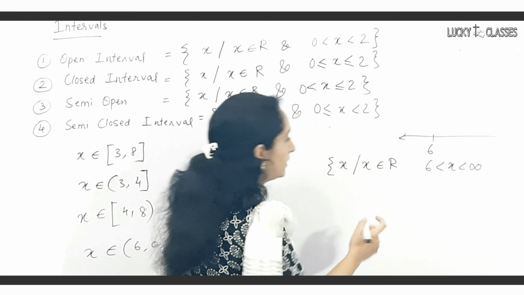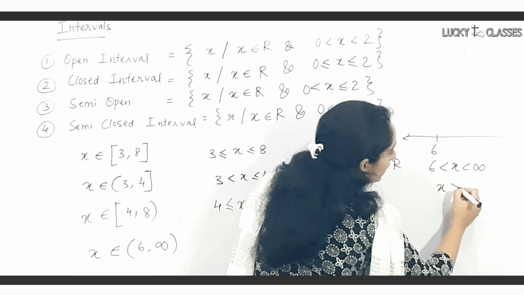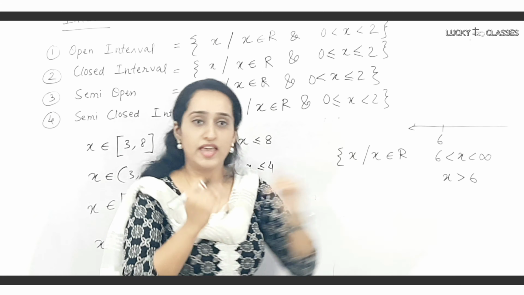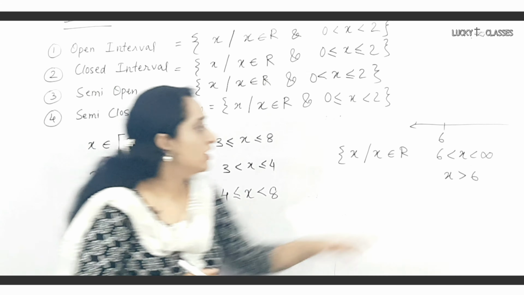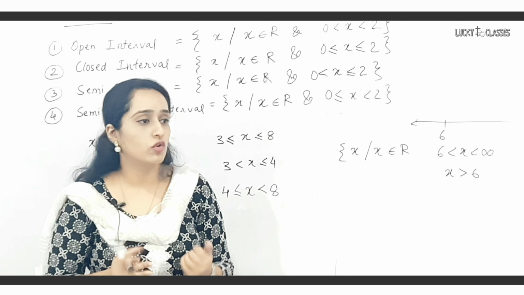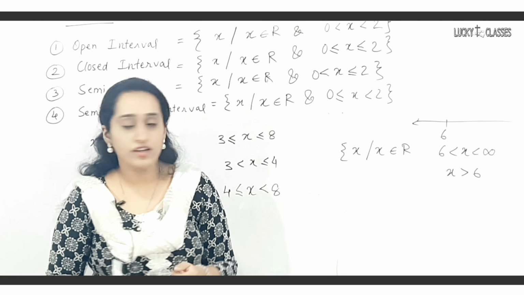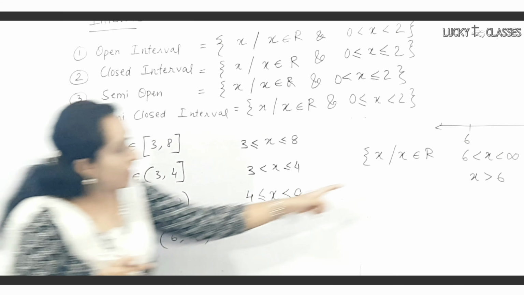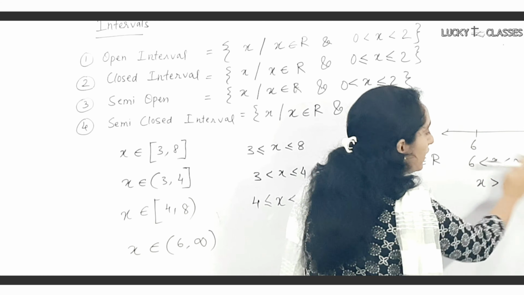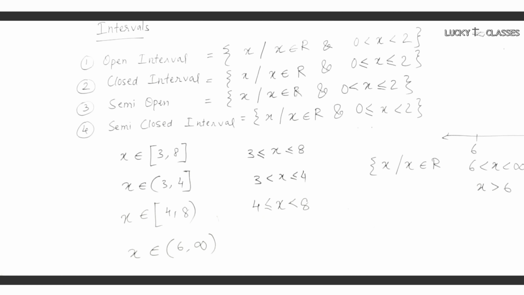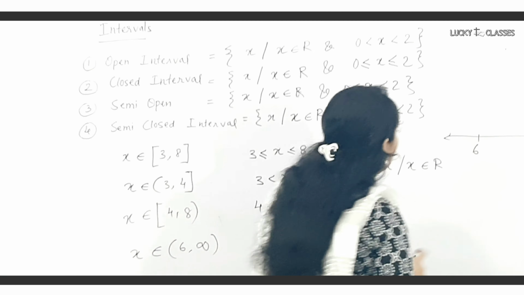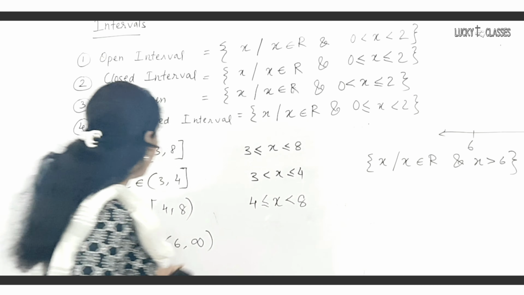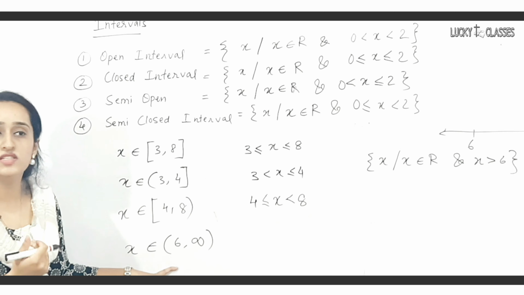So I can write this as x is strictly greater than 6. Because we don't know which is the last value on the number line, whenever the infinity term comes, you will write it as x greater than 6. This is specifically when x belongs to open interval 6, infinity.